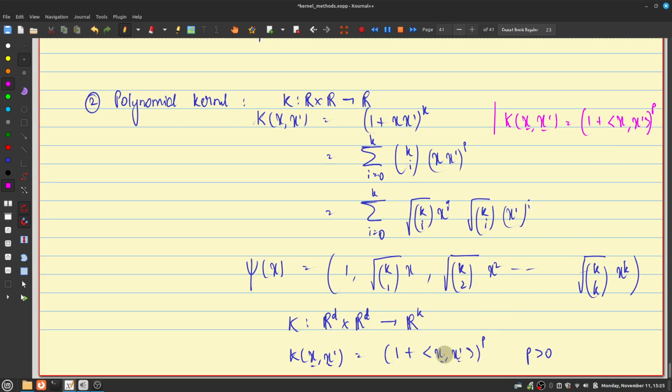Now I claim that this is going to correspond to some feature map from R to the d to R to the k, for some k. What is that k going to be? Is it going to be equal to p in general for general d or not?